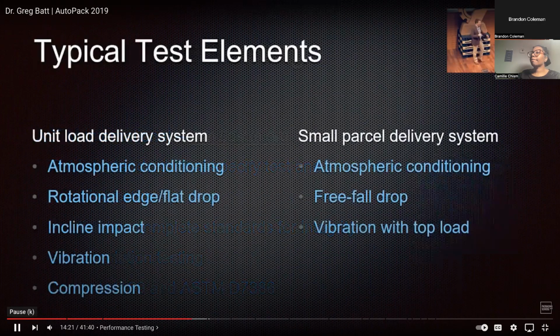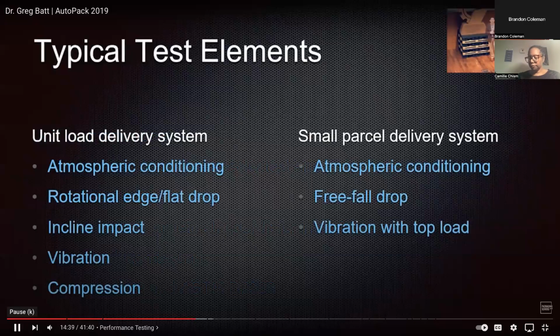Okay, so depending on your packaged product configuration, we generally see a division in 2 different types of breakdown of the test elements that your packaged product would undergo. And this probably makes sense to a lot of us in here.